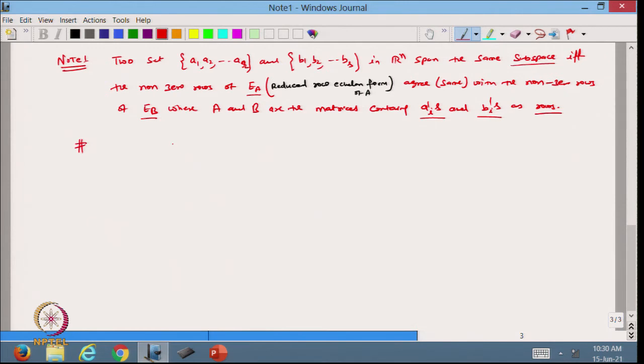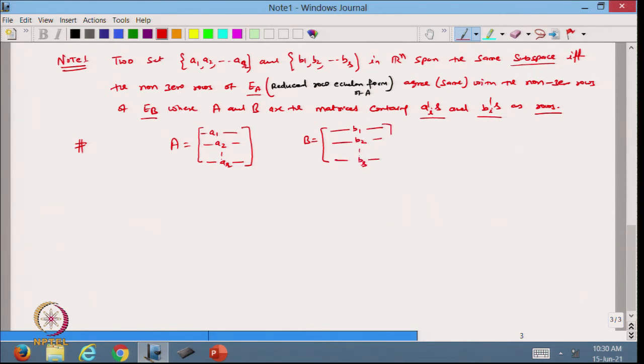It means that I will take a matrix A, and this will be A1, A2, up to AR. So, I will take these as rows, and another matrix B, that will be B1, B2, up to BS.